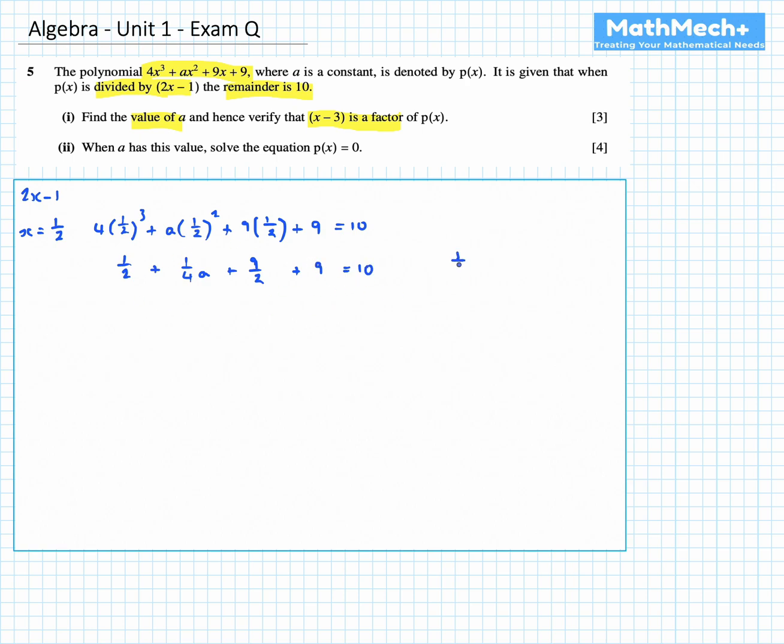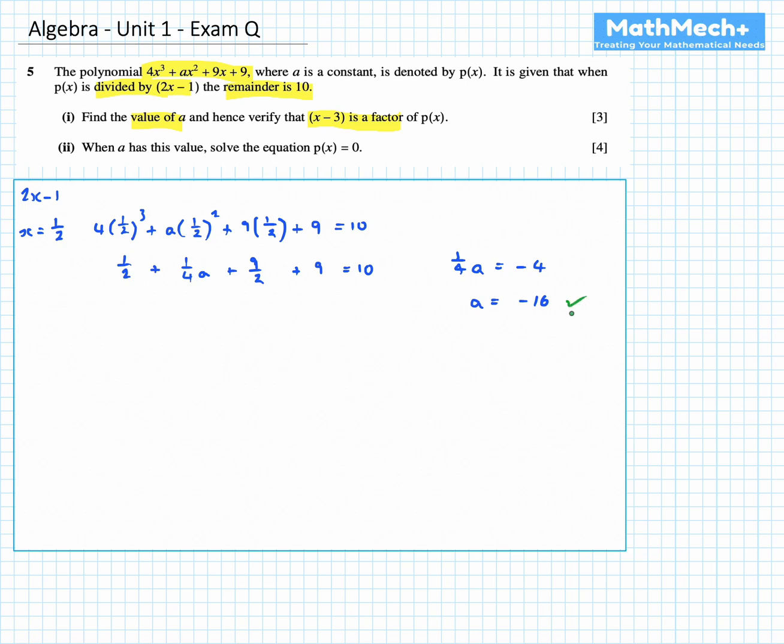But you'll use more or less the same ideas. So synthetic division we'll be doing next. 1/4 a is equal to minus 4, I think. So minus 4 times 4 is minus 16. That's our value for a.